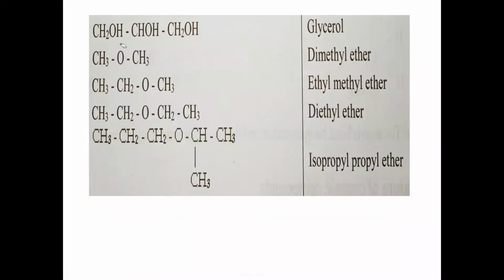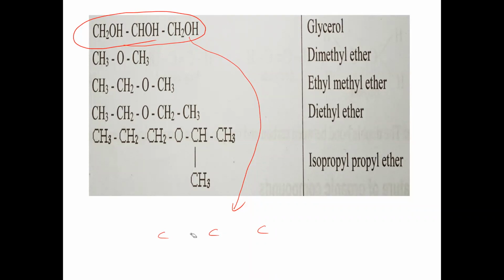Next one. Now next you take this structure, glycerol. So this glycerol structure I'm drawing down here. So what is glycerol here? This structure, CH2OH, CHOH, CH2OH. That means how many carbons totally? 1, 2, 3 carbons, right? So 3 carbons. Between the carbons, is any double bond or triple bond shown here?